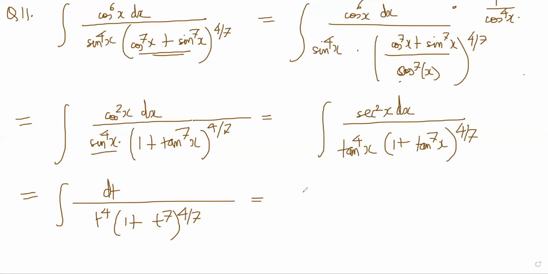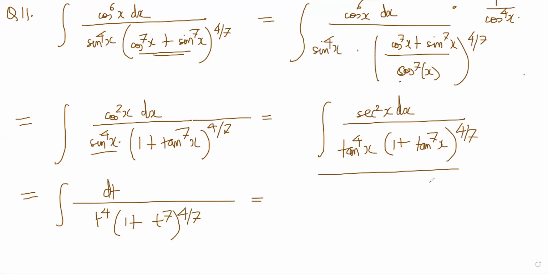Okay. I feel like I made a slight misstep somewhere. Let's think. What can we do? We have sec square x by tan power 4x, 1 plus tan power 7x. Oh, okay. Actually, it is correct. This is correct only. We have to think of what we can do here.